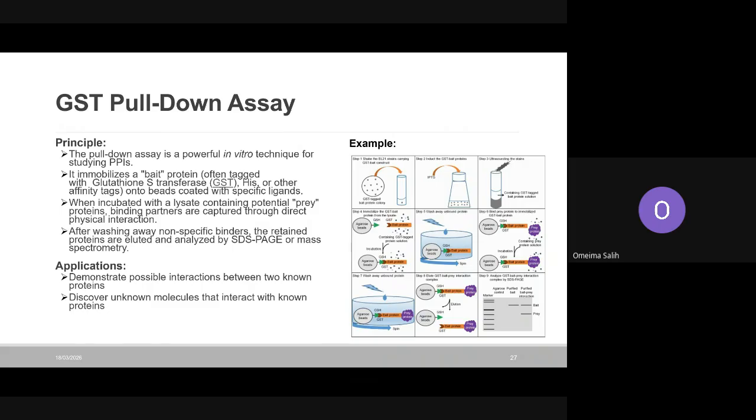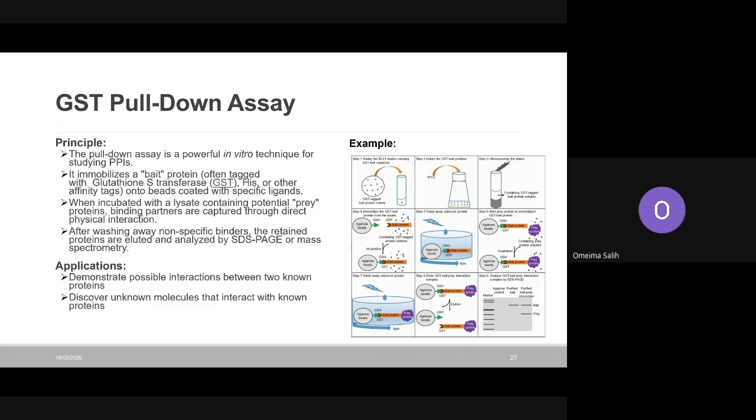It uses a reporter system, and the bait, which is one of the proteins that you are studying, is often tagged with glutathione S transferase or histidine or other affinity tags. This is immobilized on beads coated with specific ligand, and then incubated with the prey, and then testing the binding partners as they are captured through direct physical interaction.